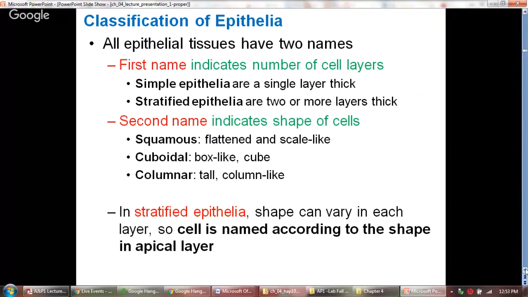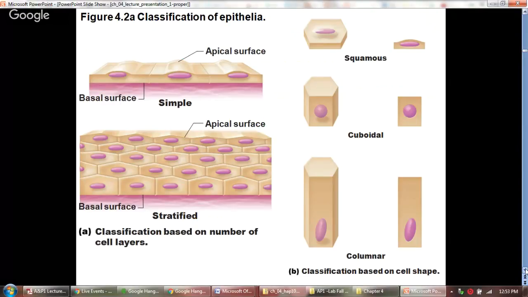Here we see the stratified and the simple description. You see the basal lamina, the basal surface of the cell, and this is a much more flattened cell. Here it is one single layer, so it's a simple epithelium, and you do see the nucleus over here.